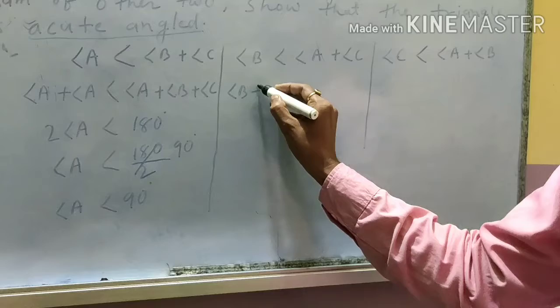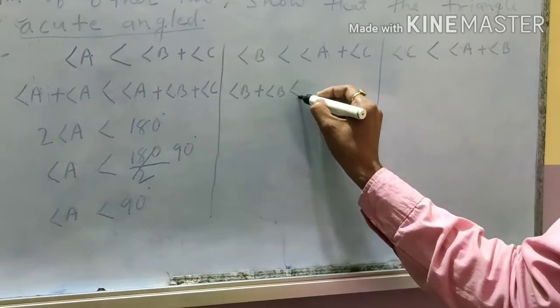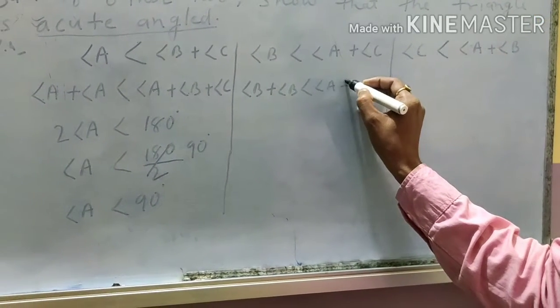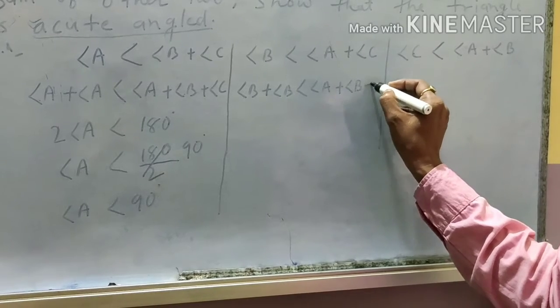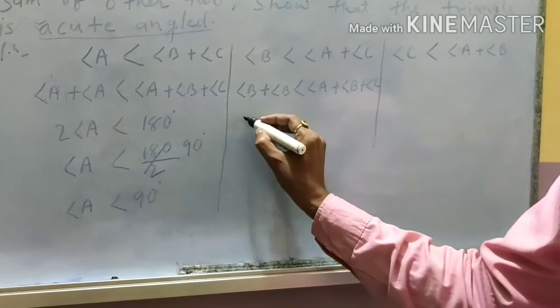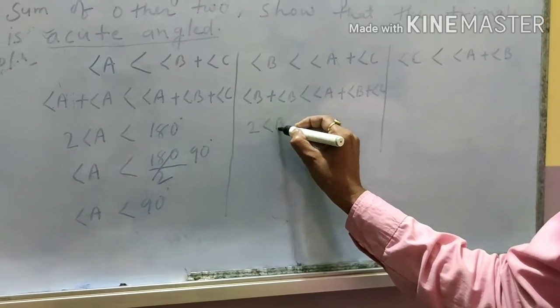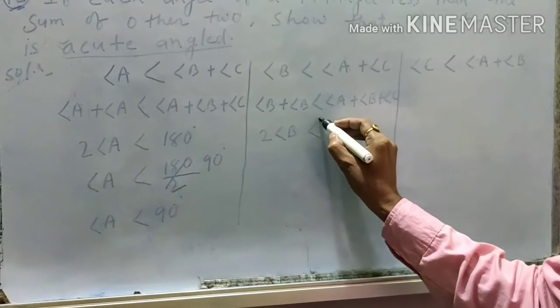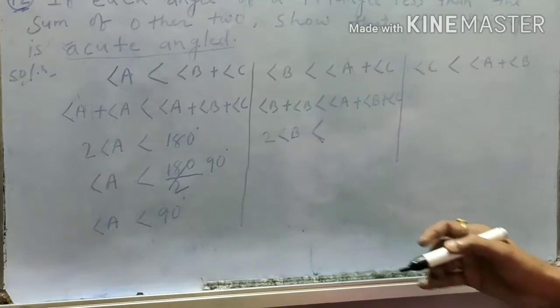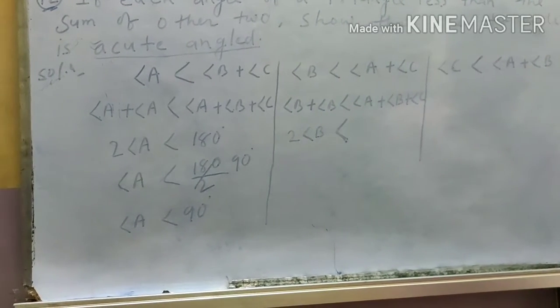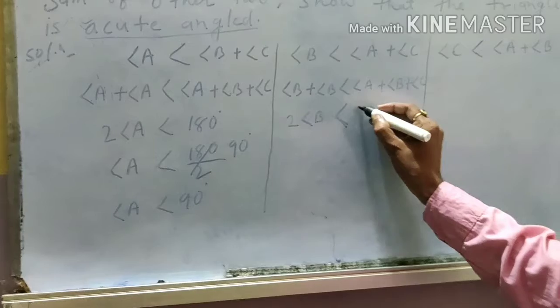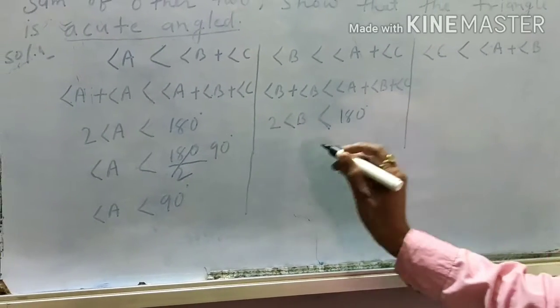angle B plus angle B is less than angle A plus angle B plus angle C. Here again, student, 2 times angle B is less than 180 degrees.